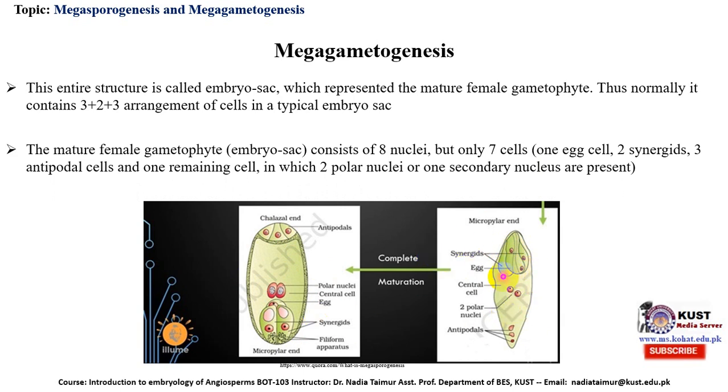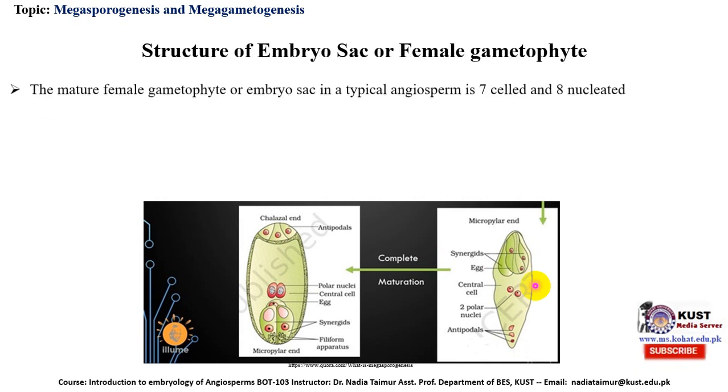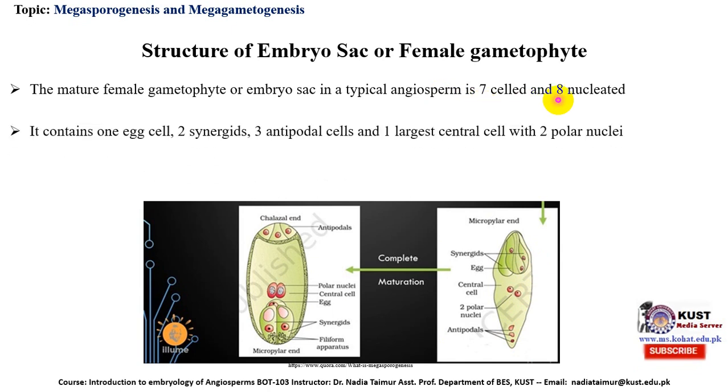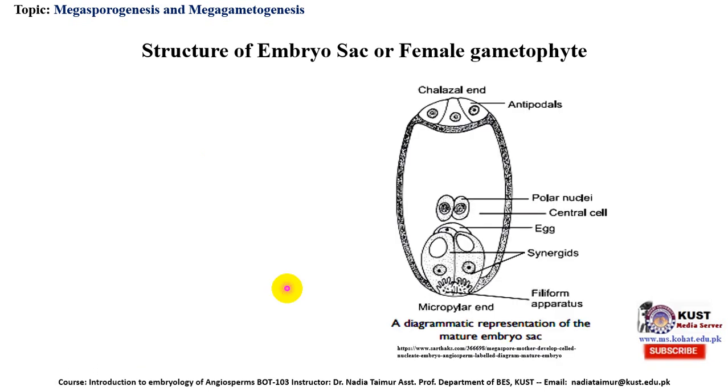So 1 egg cell, 2 synergids, 3 antipodal cells, and 1 remaining cell in which two polar nuclei or 1 secondary nucleus are present. The mature female gametophyte or embryo sac in a typical arrangement is 7-celled and 8 nucleated. So again, it contains 1 egg cell, 2 synergids, 3 antipodal cells, and 1 largest central cell with 2 polar nuclei.